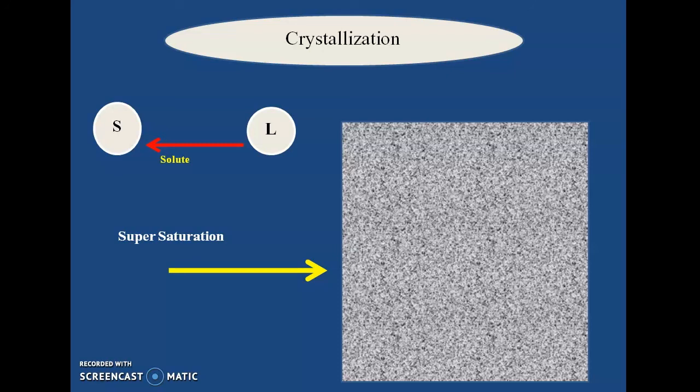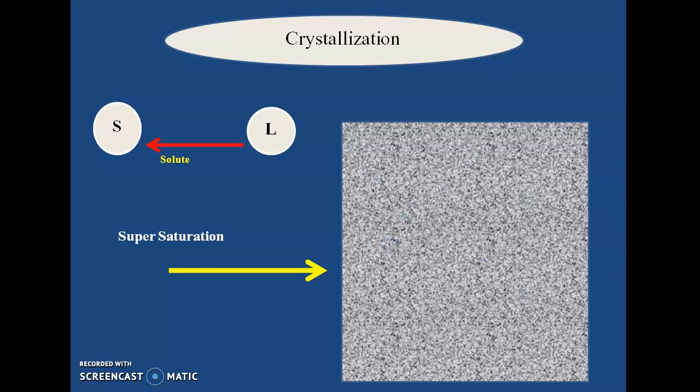The solid particles start forming and start growing. When the supersaturation happens, some nuclei form, and after this mass transfer takes place from the solution to these solid particles. So these solid particles grow in size because the solute is getting transferred from the solution to the solids.